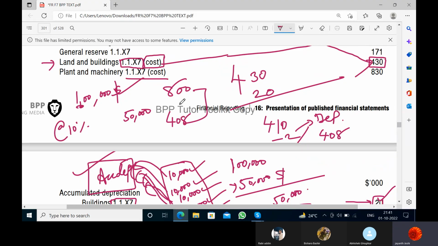What is the difference? It is 392. So this is nothing but the revaluation surplus or revaluation gain. Why is it a revaluation gain? Your property value is 408, and when you revalued the property, that means people are ready to pay you 800,000 for this property, which is of worth 408,000, and they are ready to pay you this much.